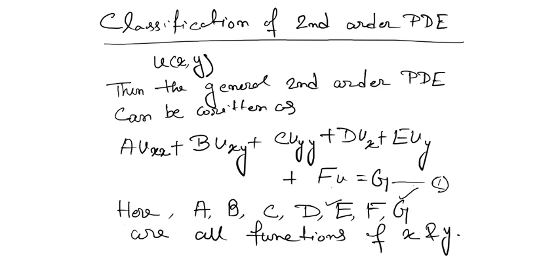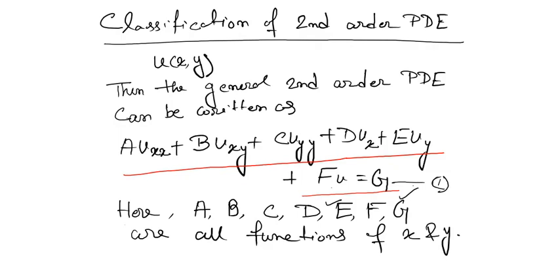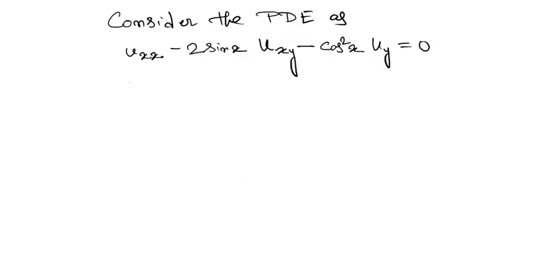So if I compare this problem with equation number 1, then definitely I can write A is 1, B is minus 2 sin x, right?